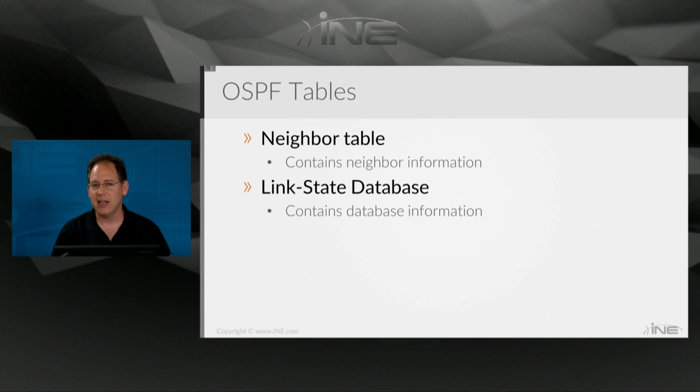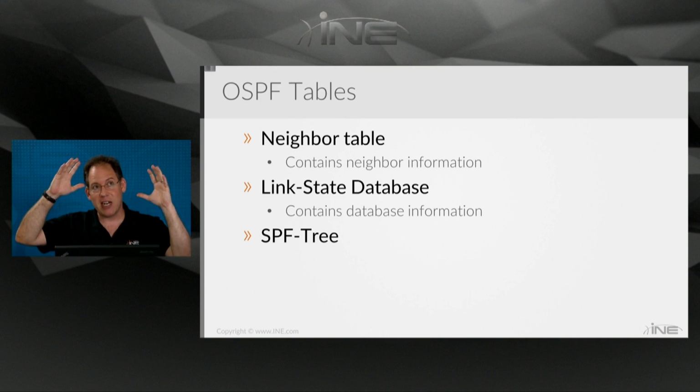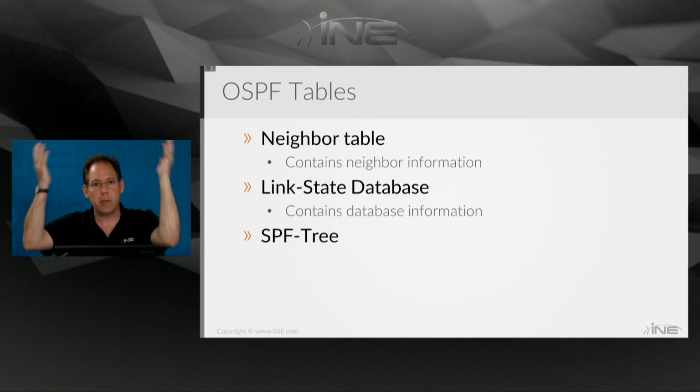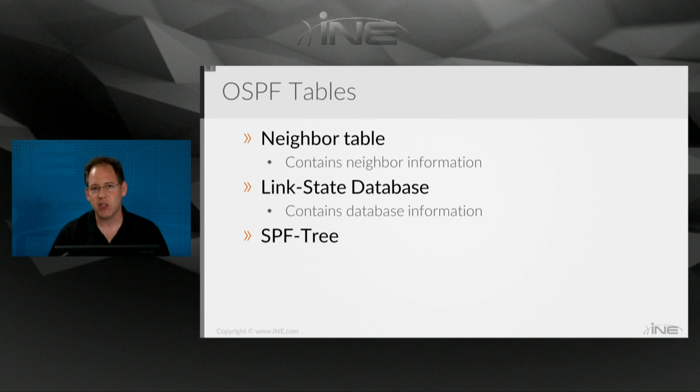I'll show you some commands in an upcoming slide series on that. Then OSPF sort of takes those link state advertisements and pieces them together into a topology, and we call that the SPF tree. There really is no command to view that. There's no command to actually see from the router's perspective what the SPF tree looks like. It knows in its CPU, but there's no commands that we can see that.